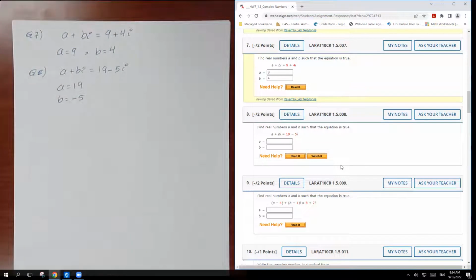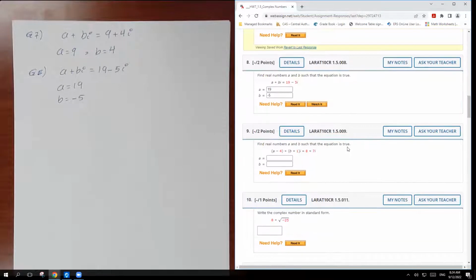Not 5, it's negative 5. So b equals negative 5. So I'm going to say a is 19, b is negative 5. That's it for this question.